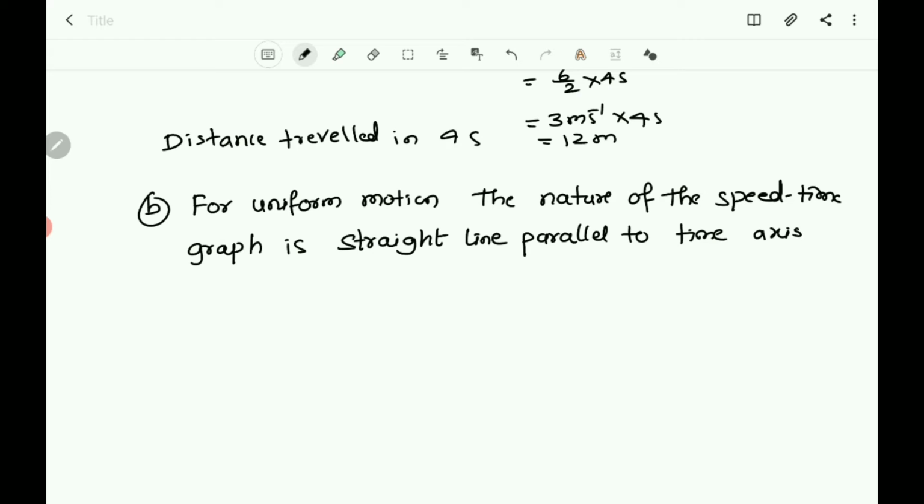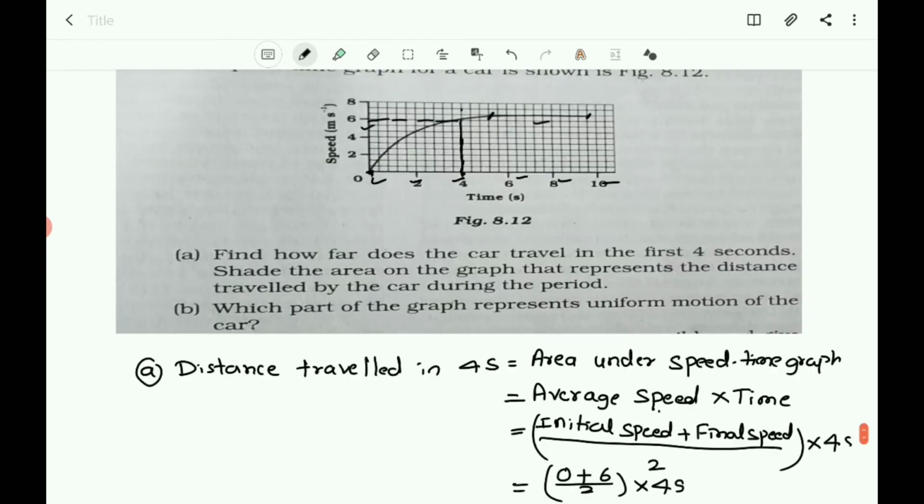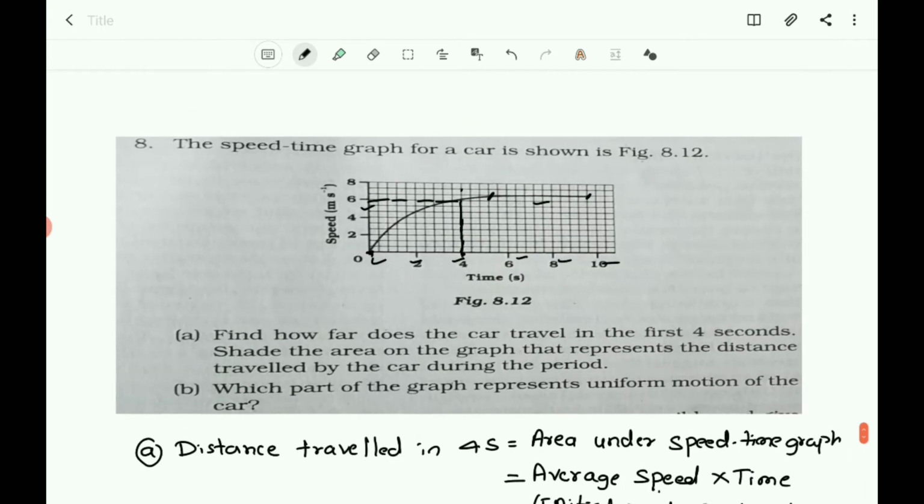So here the straight part of the curve is there. See, there is a straight part of the curve from here to here.